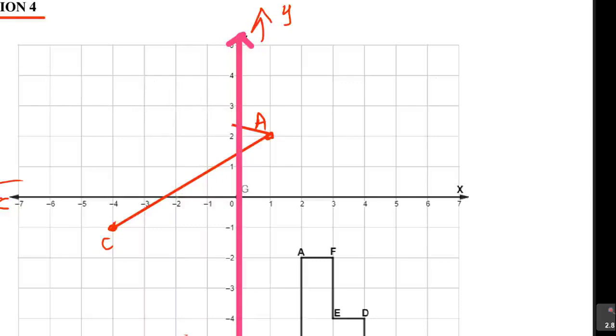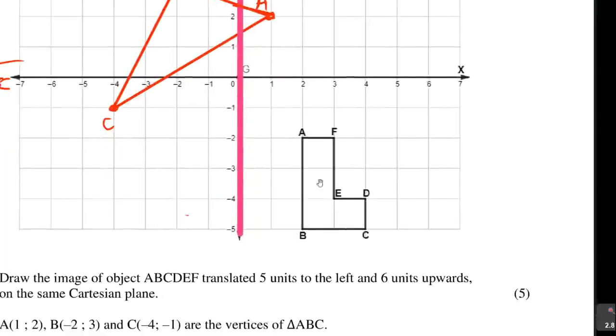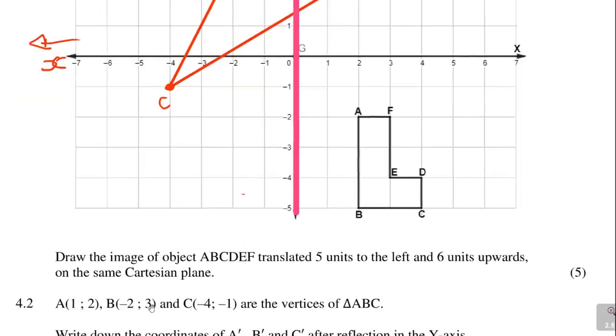B was minus 2 and 3. So I expected B to be here. Sorry about that. So now if I draw this, it was supposed to be like this, and it was supposed to be like that. And I expect this to be my B. Alright, B was minus 2, 3.